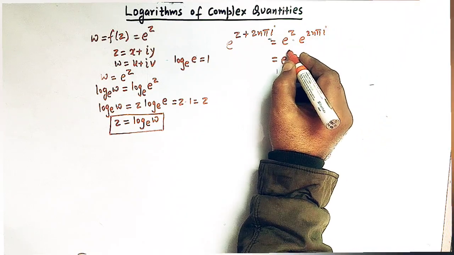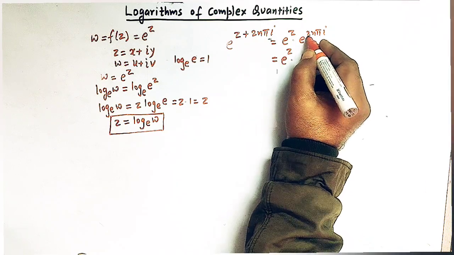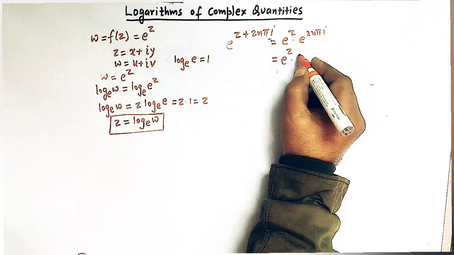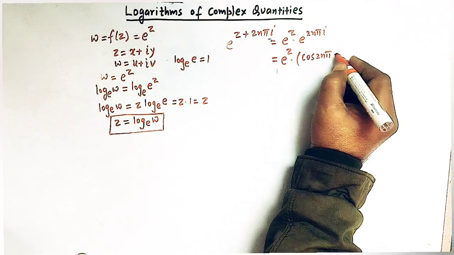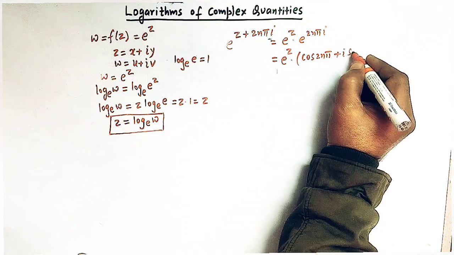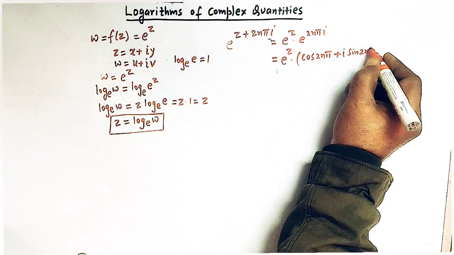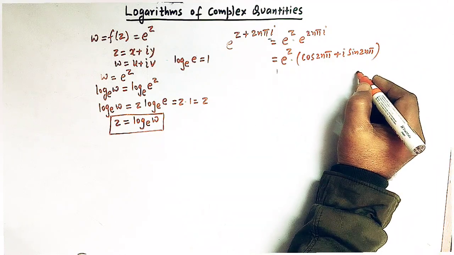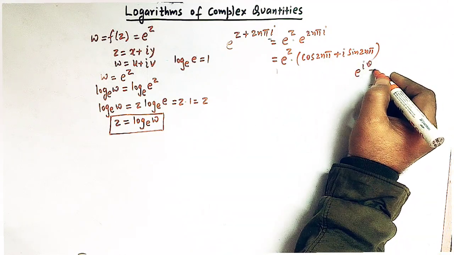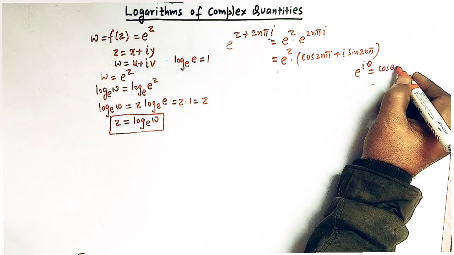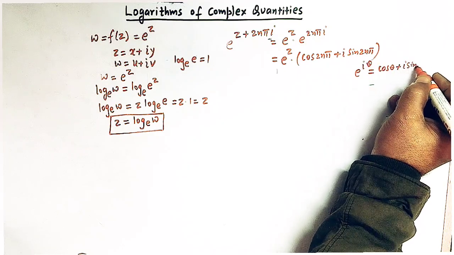So we have e raised to z, and e raised to 2n pi iota can be written as cos 2n pi plus iota sine 2n pi, using Euler's definition, that is e raised to i theta is cos theta plus i sine theta.